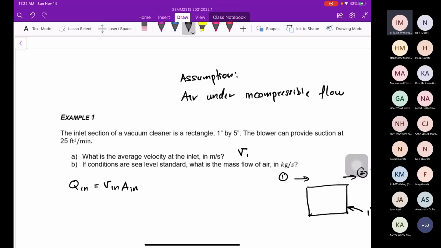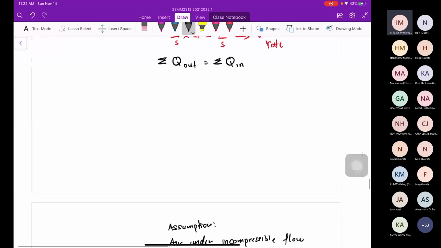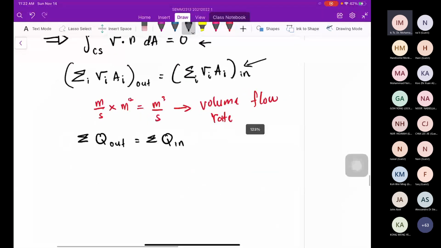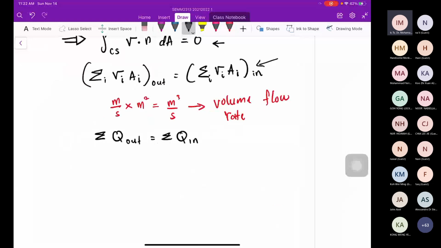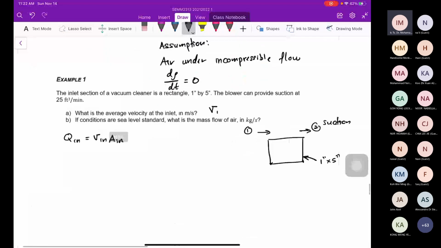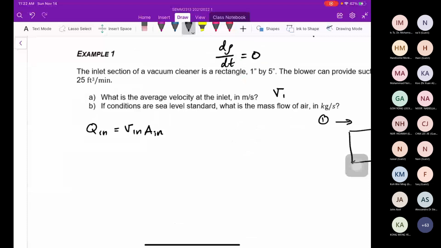That means there is no change of density over time. So we can use this formula, Q out equal to Q in. So how to get Q? Q equals A multiplied with velocity. From here I can get the velocity.